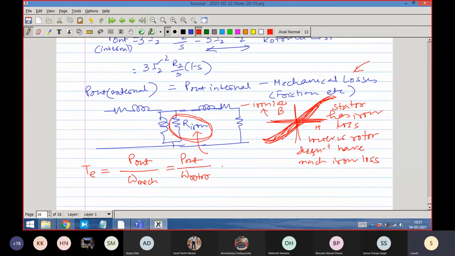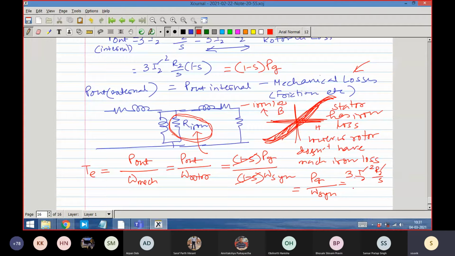P out is equal to 1 minus S PG, so it is 1 minus S PG by 1 minus S omega synchronous. So 1 minus S cancels. This gives a very simple expression of PG by omega synchronous, which is equal to 3 I2 dash square R2 dash by S by omega synchronous. This is the basic expression of the torque.